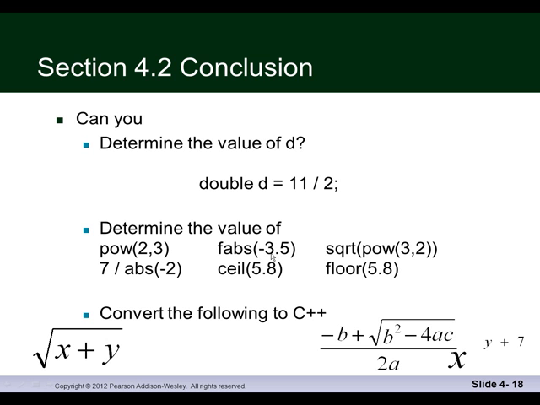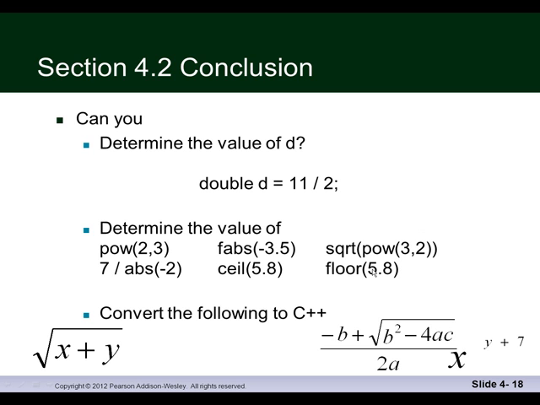What is FABS of minus 3.5? 3.5. POW of 3, 2 is going to give me what? 9. 3 to the power of 2. Was the math 9 required for this class? Okay, you did the whole thing. POW of 3, 2 is going to give me 9. The square root of that gives me 3.